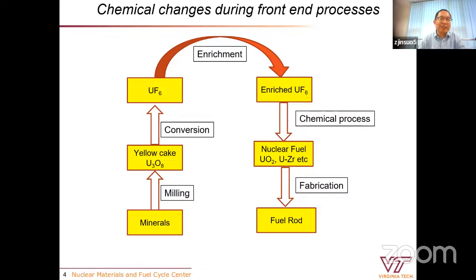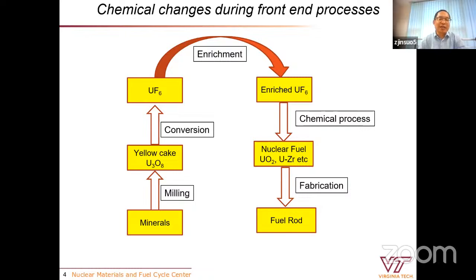Because UF6 can be a gas, that's why we use UF6 as the enrichment agent here. One thing I want to point out is that enrichment is isotope separation. If fluorine had different isotopes in nature, when you separate the isotopes you might separate the fluorine, not the uranium isotopes, right?